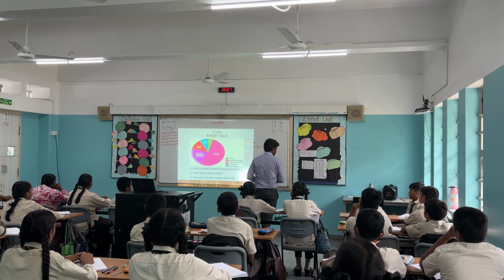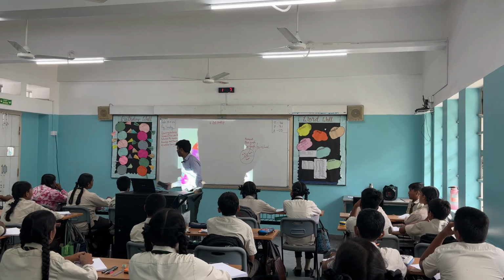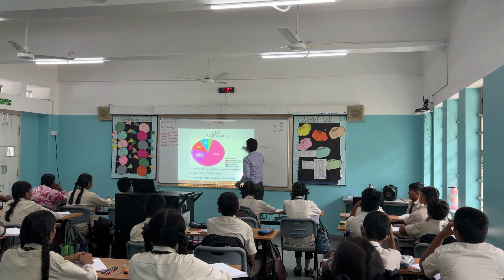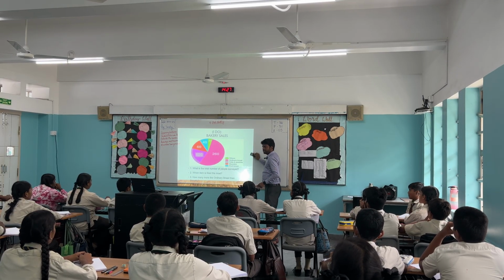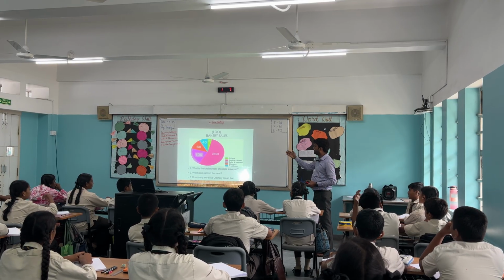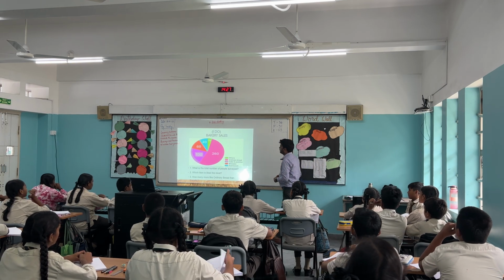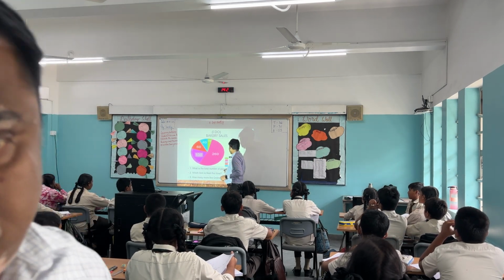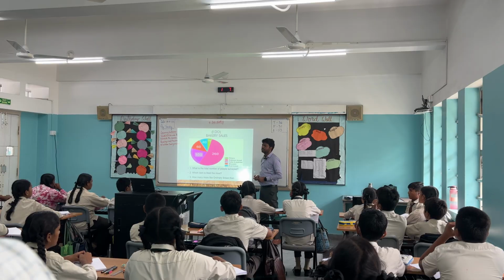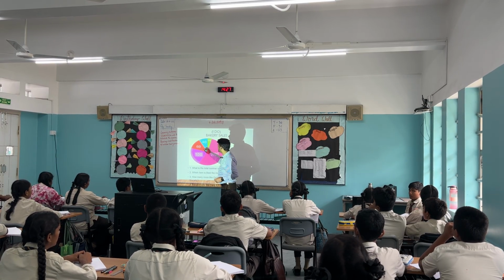In the beginning, I asked you to read one bar graph and you started answering. In the same manner, let us read this pie graph and answer these questions. What is the total number of people surveyed? You have to add all these numbers.